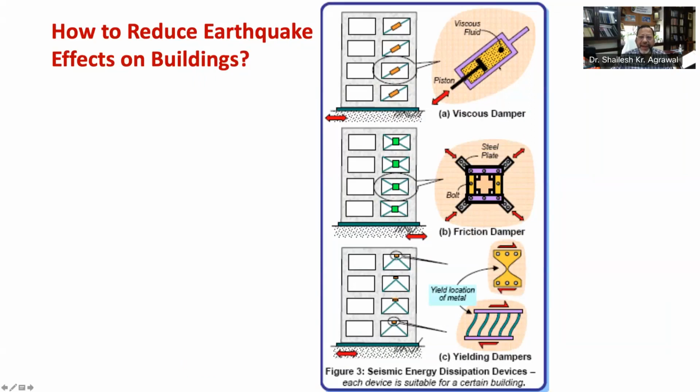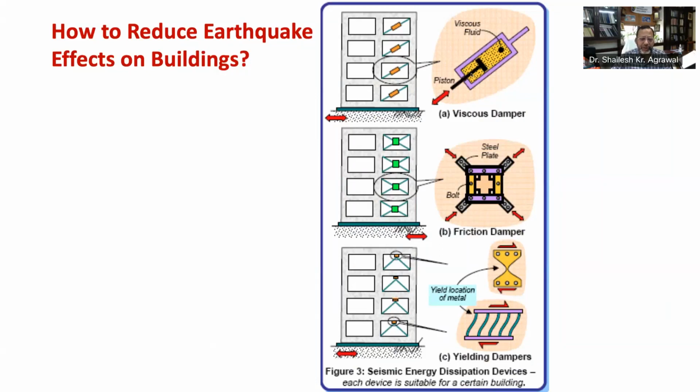These dampers act like hydraulic shock absorbers in cars, where much of the sudden jerks are absorbed in the hydraulic fluids and only little is transmitted above the chassis of the car. Similarly, in the buildings, when seismic energy is transferred through dampers, these dampers absorb part of it and thus damp the motion of building.